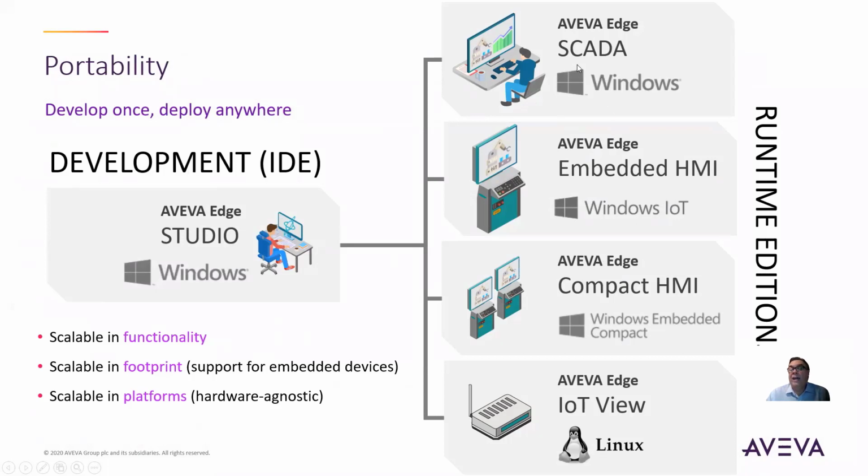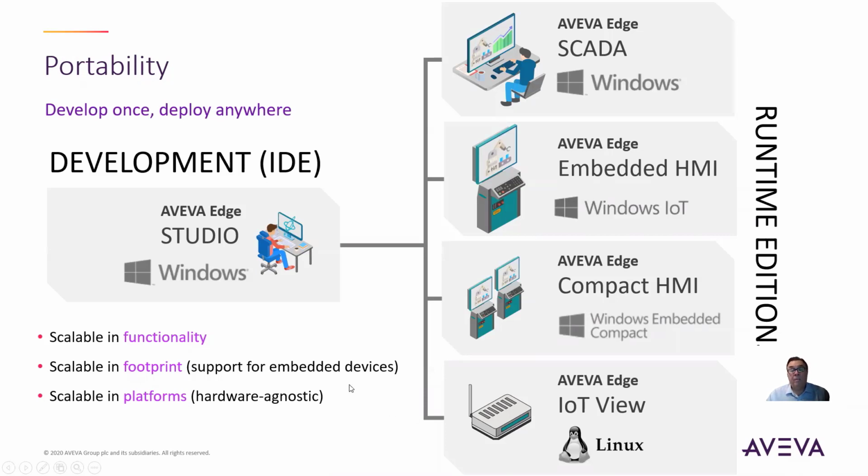One that we call Aviva Edge SCADA, which is on Windows desktop or server operating systems. Aviva Edge Embedded HMI for Windows IoT Enterprise, either LTSB or LTSC, and then we can also deploy it on what's formerly known as Windows CE, or the runtime license that we call Compact HMI, and then even running on Linux, what we call IoT View.